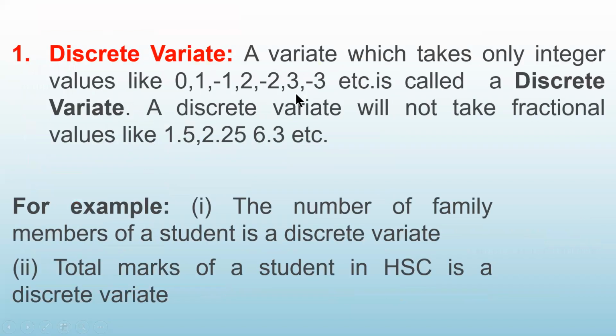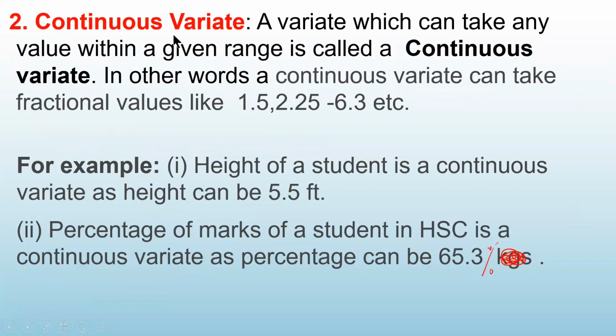Discrete क्या होता है? जो केवल whole number, integer values ही लेता है, no fraction values. For example, number of family members, strength of the class, how many accidents happened on a particular day on a particular road, that cannot be in fraction, or marks obtained by a student. So these are all the examples of discrete. Then the continuous variate can take any value within a given range. So it can take even decimal.